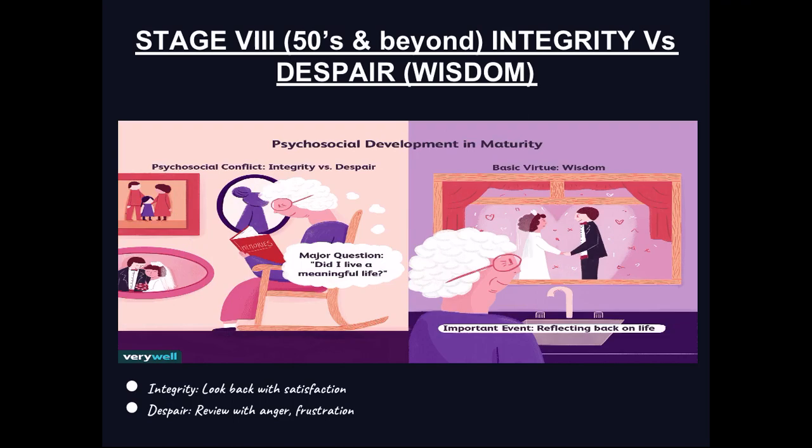So integrity is when a person can look back with satisfaction: yes, I have had a very good life, I have achieved all my goals, personal, professional, every goal I had, my family is settled and everything is good. But if the person reviews with anger or frustration, or they have gone through bitter experiences, or they have committed some mistakes, then that is despair.